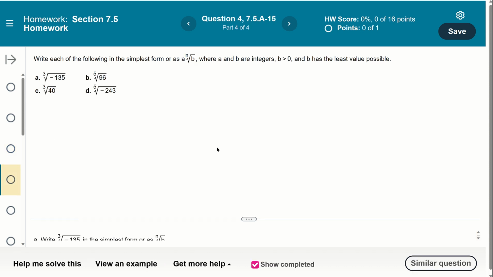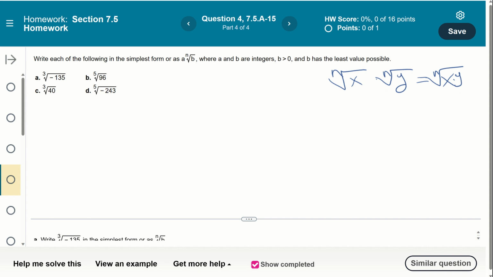All right, in this problem, we're going to use prime factorization to simplify some of these radicals. As it turns out, it can be shown that one of the properties that holds for radicals is that if you have the nth root of x and multiply it by the nth root of y, you end up getting the nth root of x times y.